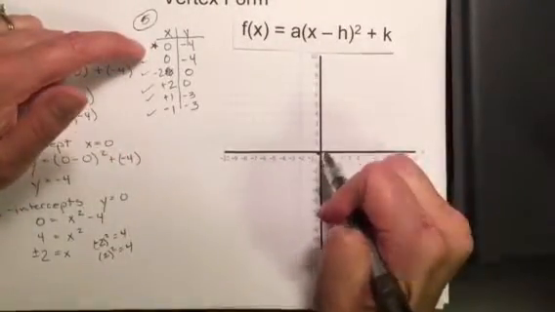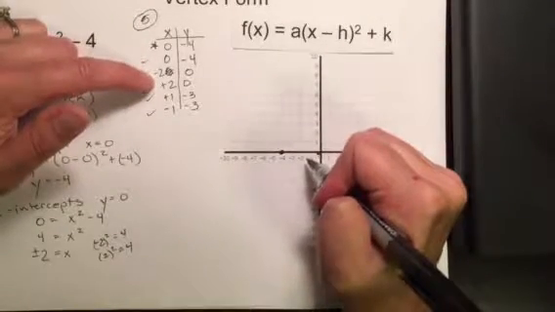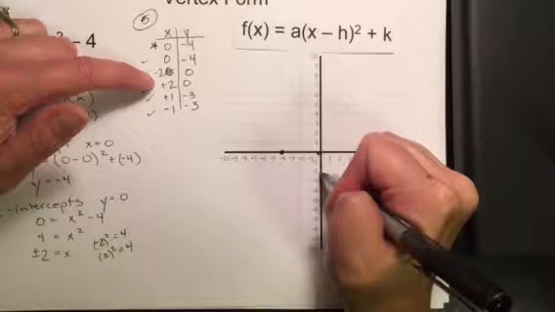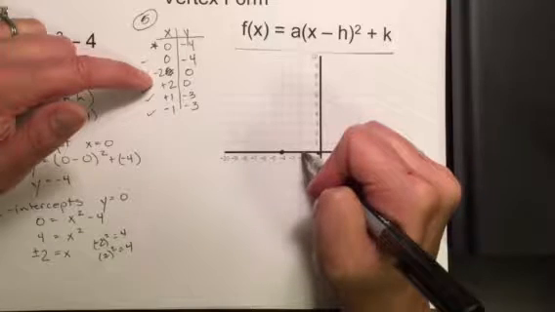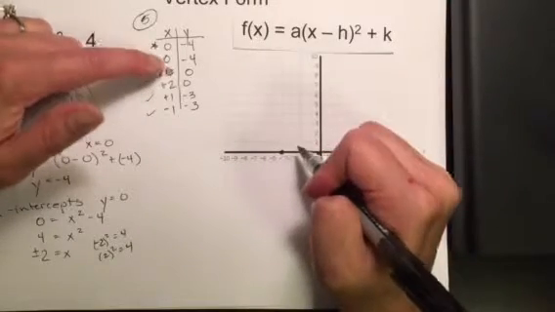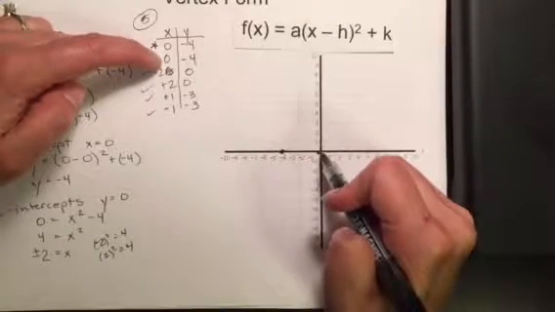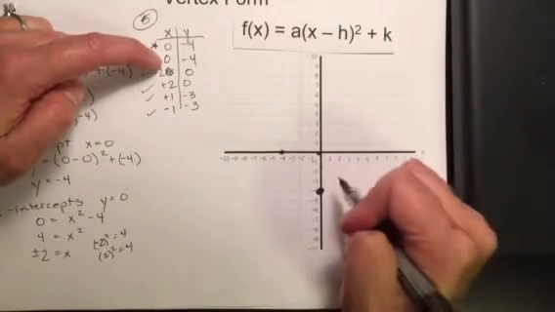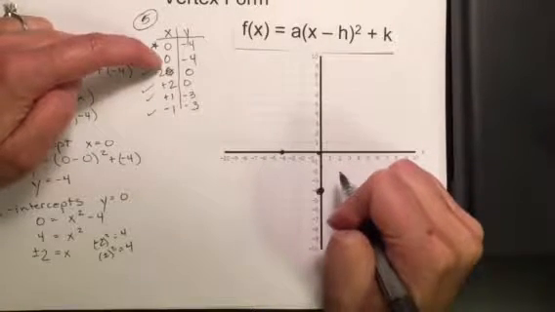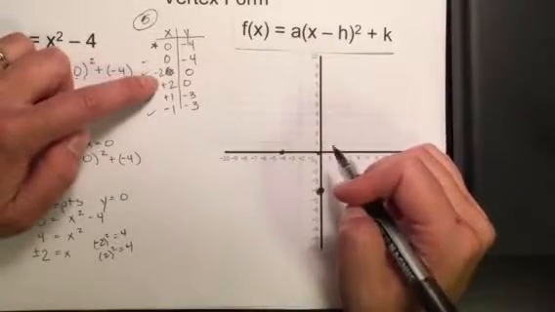So I've got (0, -4). I've got -2, oops. Oh goodness, I did this one backwards. Okay, let's try this again. So (0, -4). There we go. That makes more sense. And I knew something was wrong because, again, it has to be symmetrical, and if it would have been right here, it wouldn't have been symmetrical.